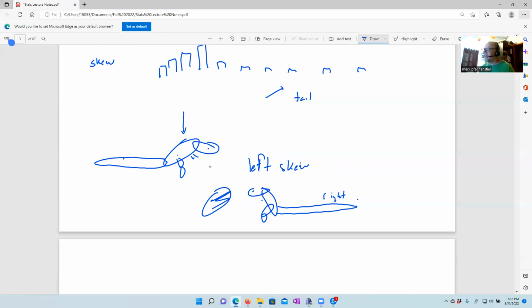Generally with left skew, I don't see these very often. It's for histograms. It's usually when you're dealing with some kind of an artificial barrier at the top. So if you're in healthcare, and we're going to give people 1 week to recover from hip replacement surgery, and you know that most people take all 7 days.